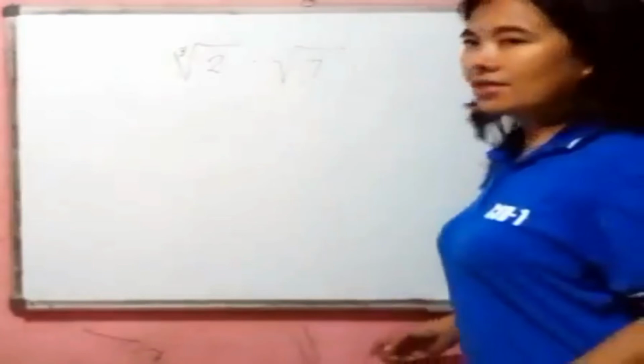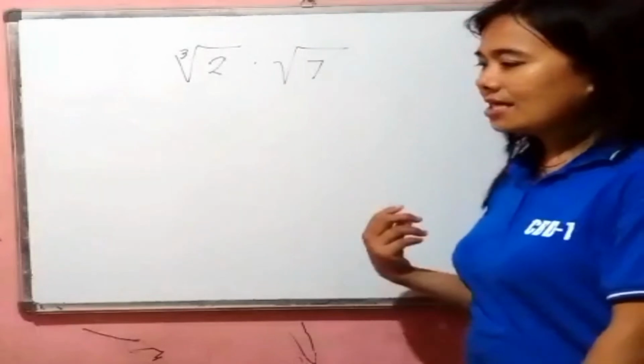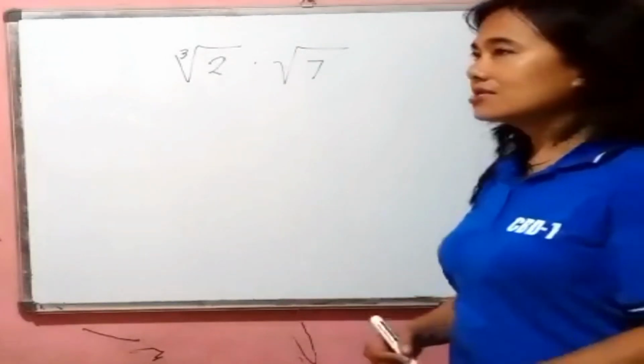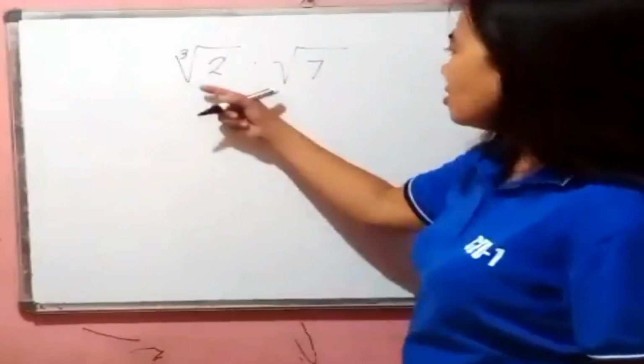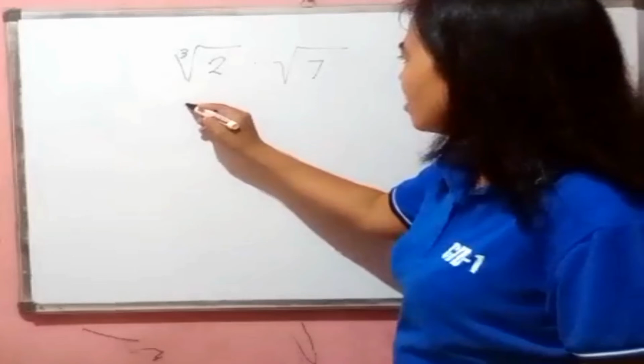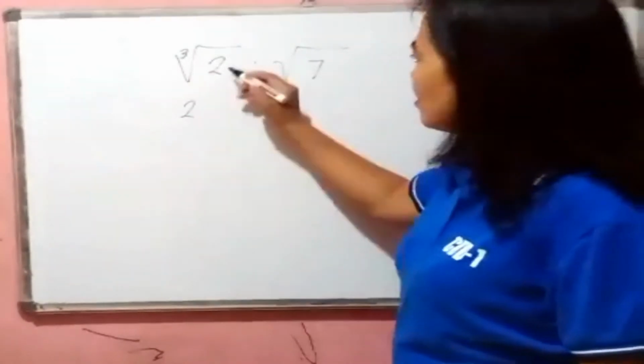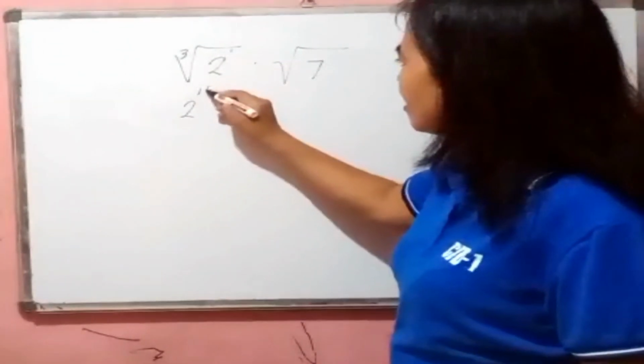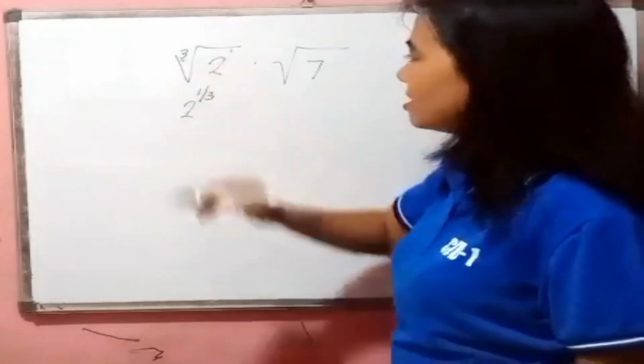Okay, isa pang example. Cube root of 2 times square root of 7. So again, dahil hindi sila same index, kailangan mo munang bumalik on rational exponents. So, transforming this into rational exponents, meron tayong 2, tapos 1, so meron tayong 3 as denominator.